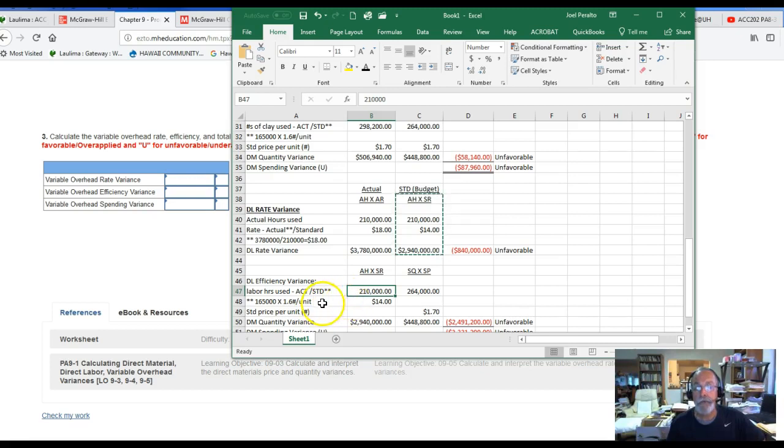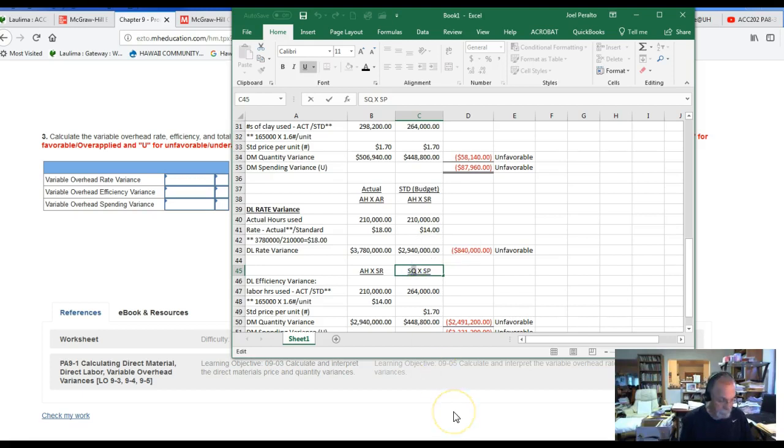And our standard would have been based on standard hours times standard rate. So we know our standard rate is 14.